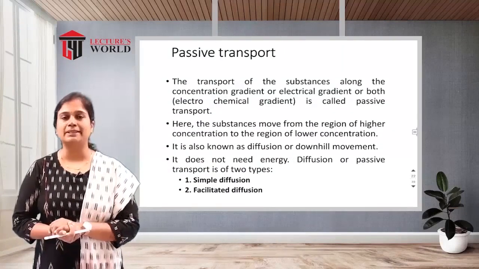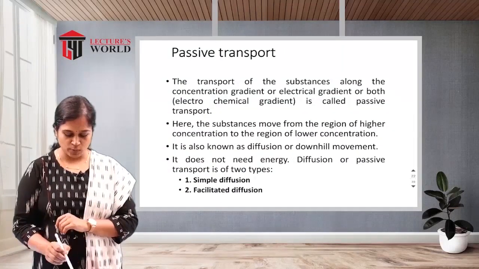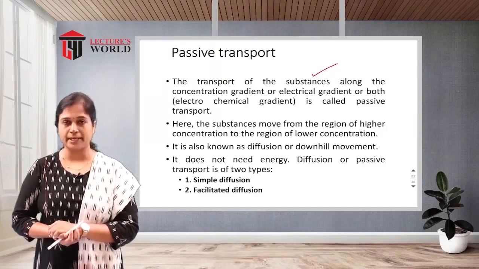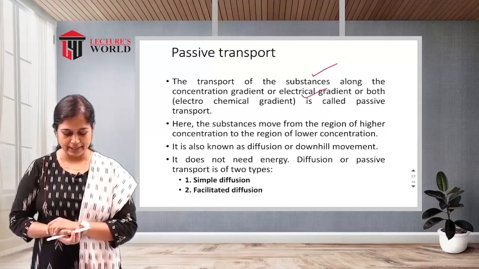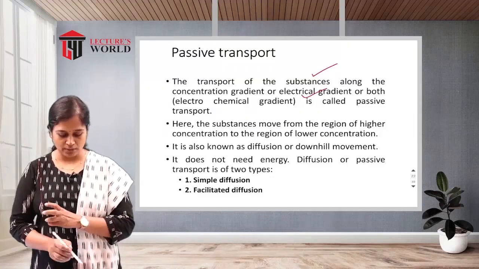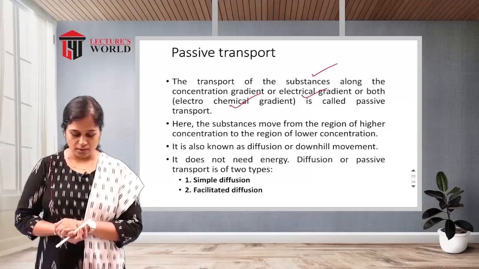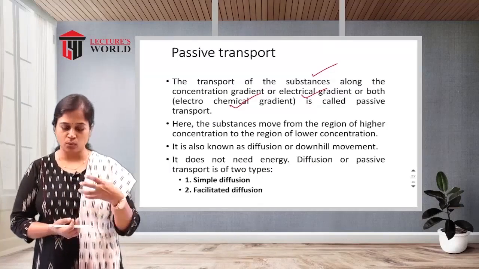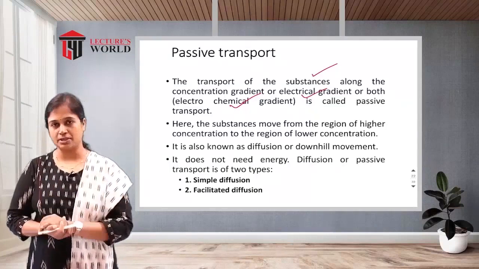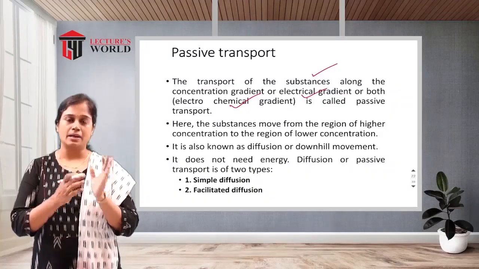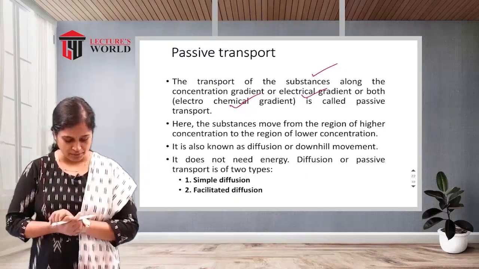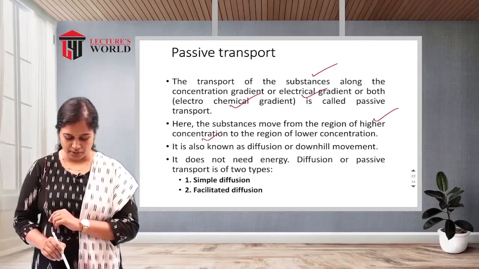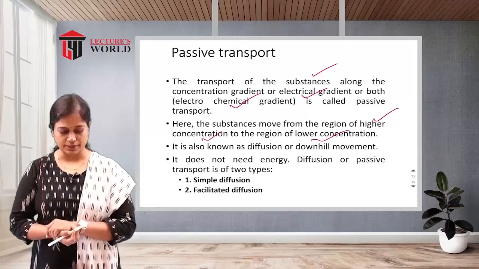The first is passive transport. The transport of substances along the concentration gradient, or the electrical gradient, or both, the electrochemical gradient, is called passive transport. Here the substance moves from a region of higher concentration to a region of lower concentration.